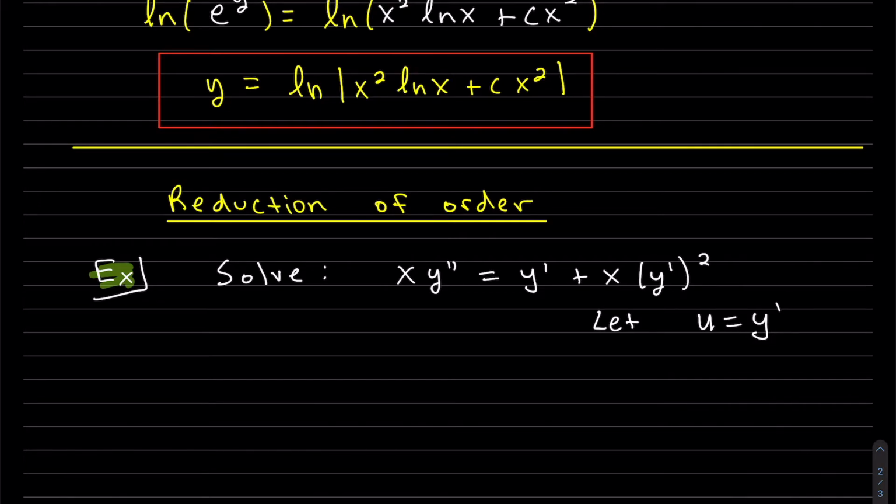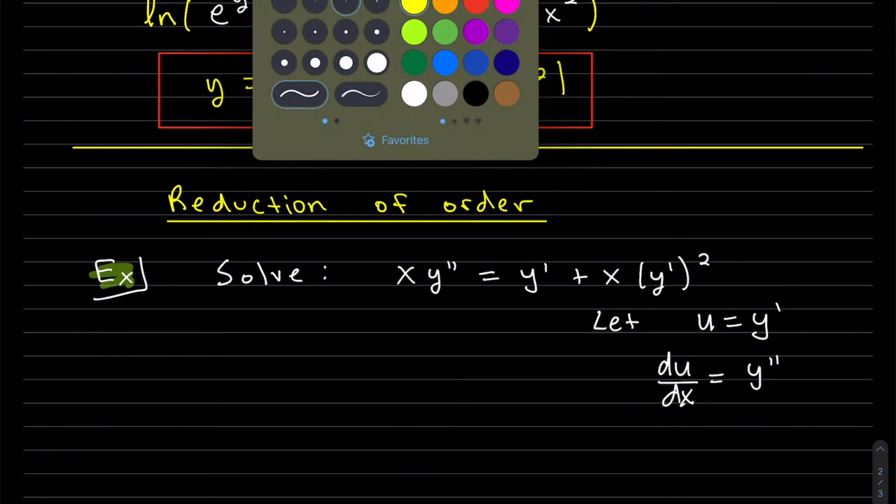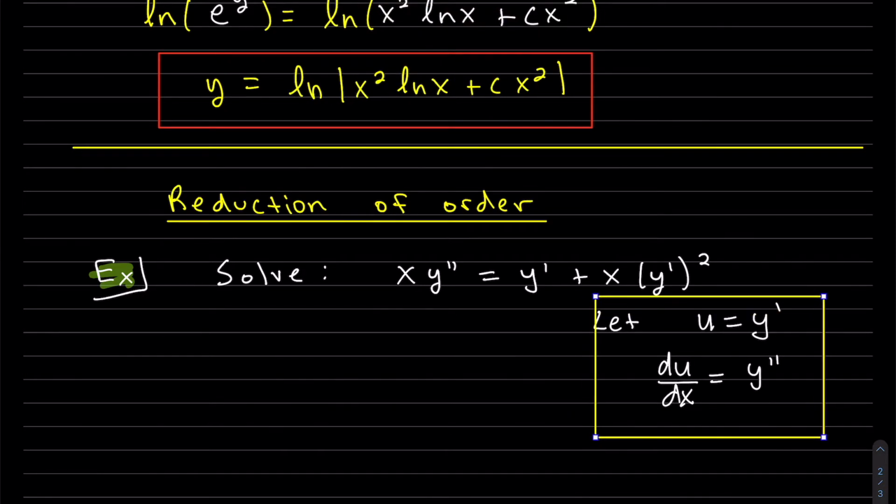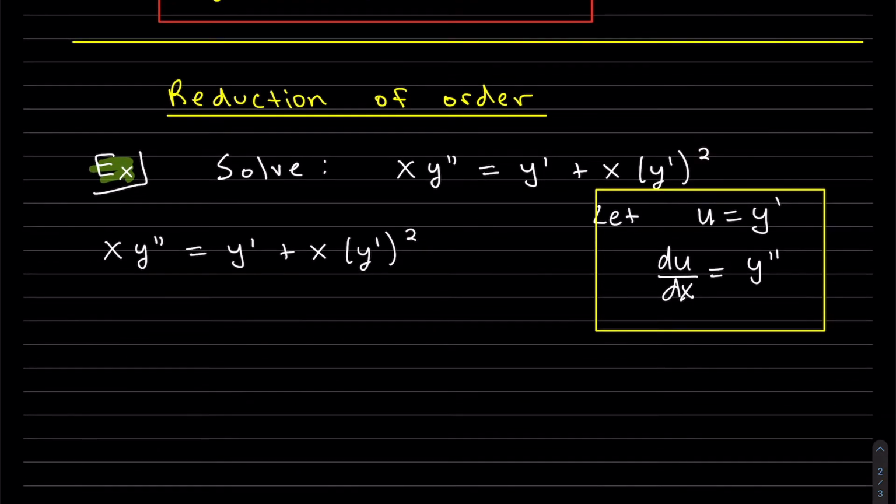So if we let u equal y prime, take the derivative with respect to x of both sides, we get this is our substitution. Let's plug it in. So y prime is du dx.